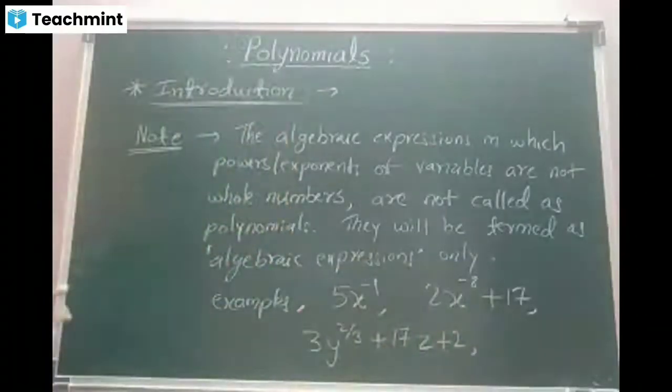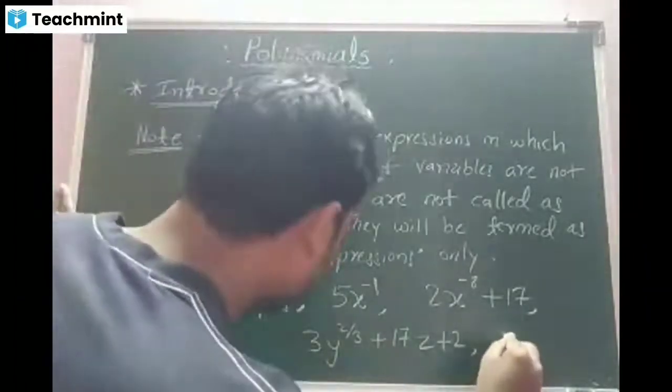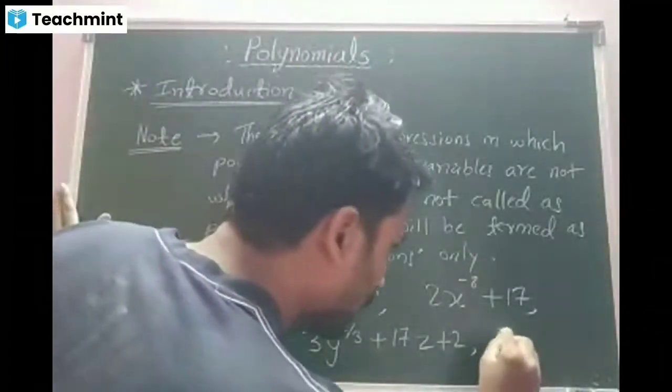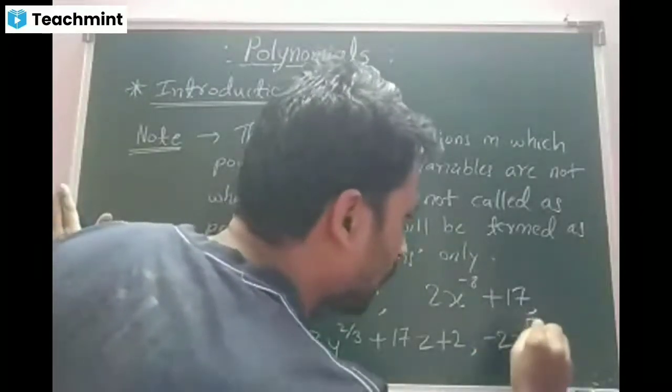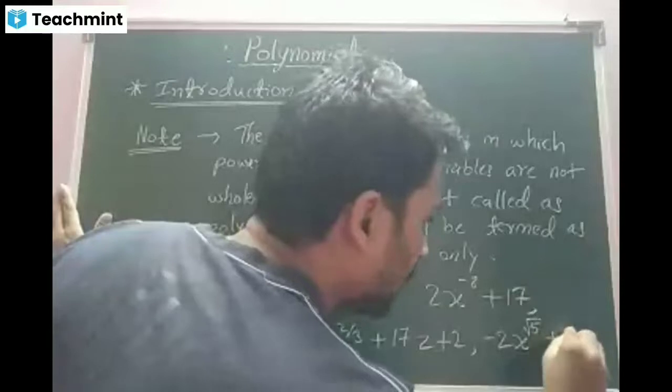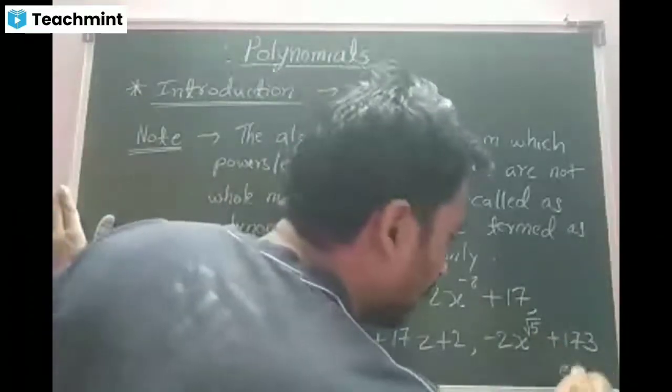This is one more example. Let me take one more: minus 2 x to the power root of 5 plus 17.